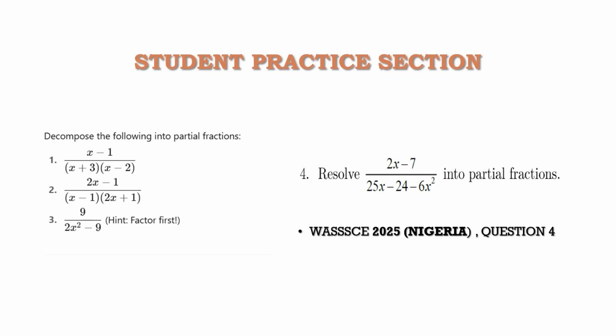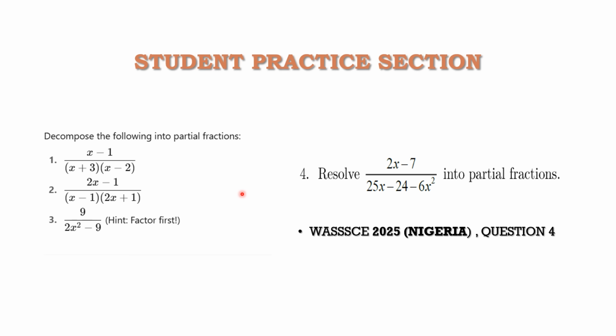Nigeria WASSCE 2025, Question 4. We are to resolve (2x minus 7) divided by (25x minus 24 minus 6x squared) into partial fractions.